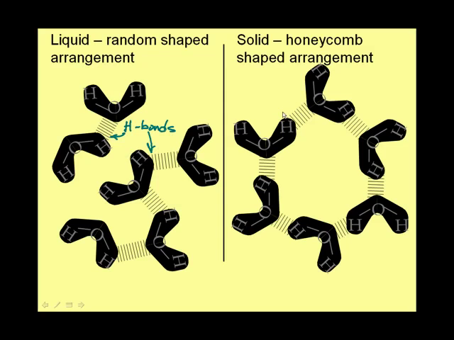Now, when ice forms, water's being turned into a solid. We've lowered the kinetic energy. That means the molecules are moving less. And so these hydrogen bonds can stay connected better. And so ice gets this six-sided crystal type shape, and it forms a honeycomb arrangement, a repeating pattern.